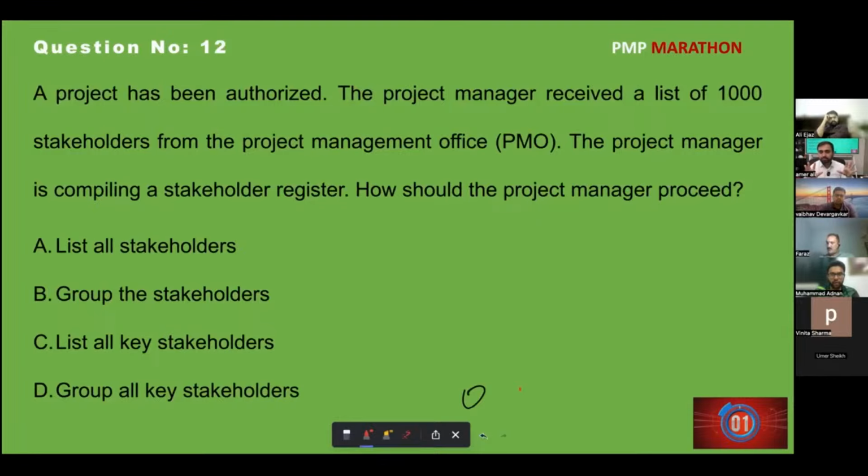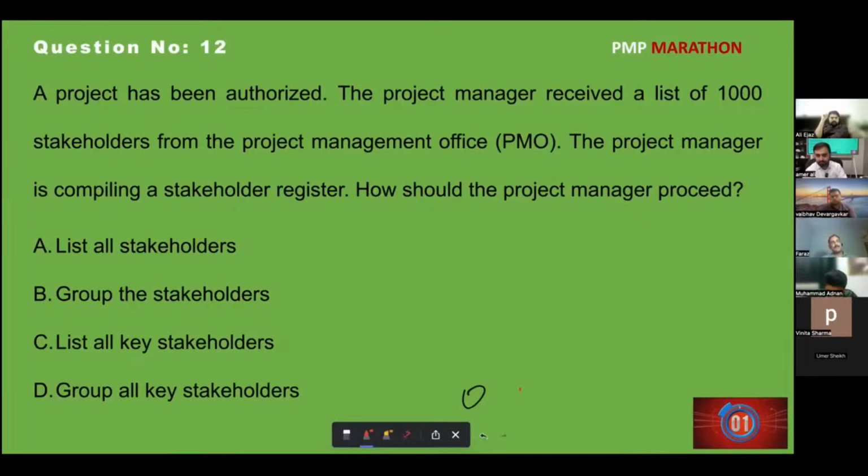When I get a stakeholder, all of them I put in the stakeholder register. Step one. Then I categorize them, upward, downward, etc. That is categorization, called grouping. Then I prioritize them. Then I know who is the key stakeholder. I don't know immediately. First I categorize them, prioritize them, then I know who are the important stakeholders.